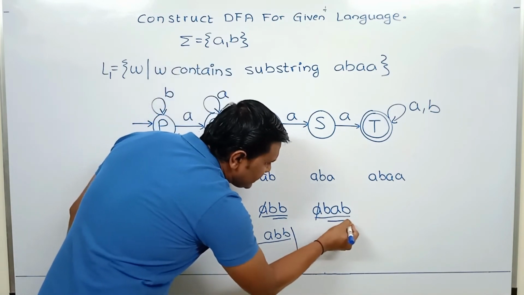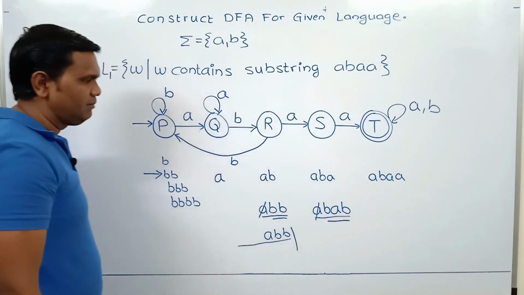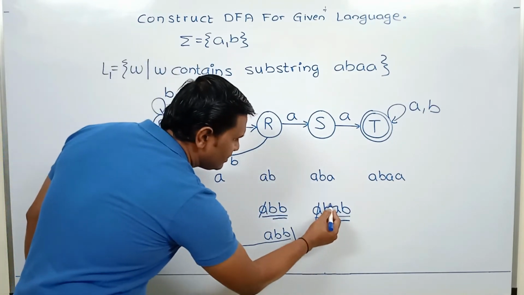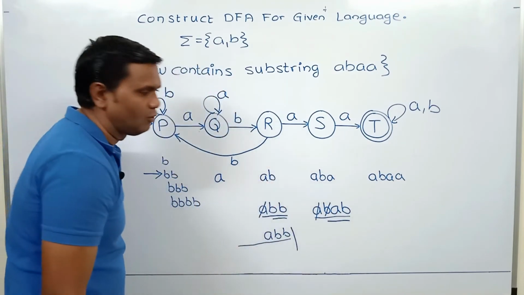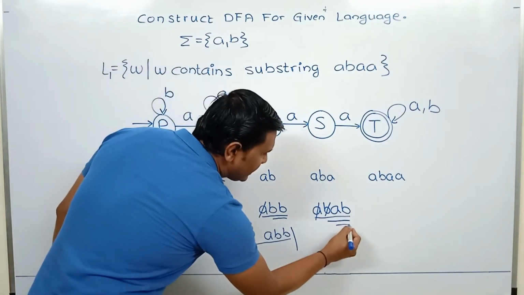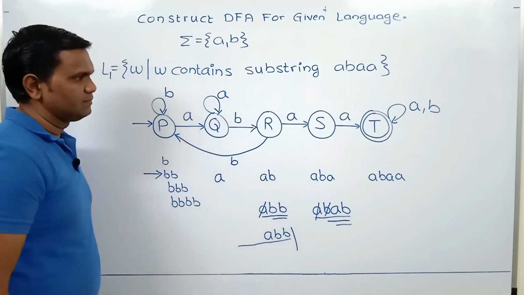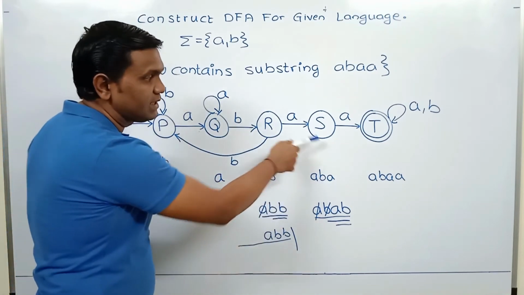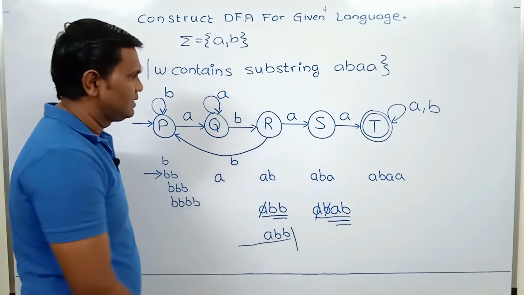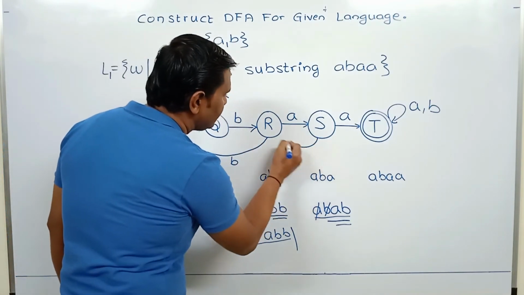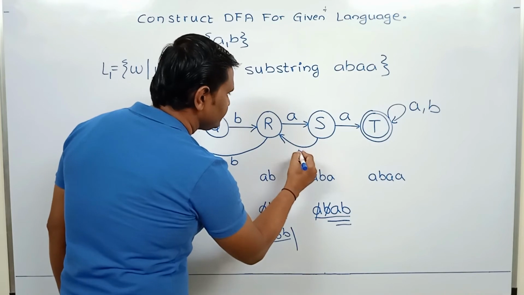Now check if there is any state which remembers BAB. There is no such state. Again, remove the leftmost symbol. Is there any state that remembers AB? So it is state R. Right now we are calculating the transition of state S. If B comes, we come to state R.